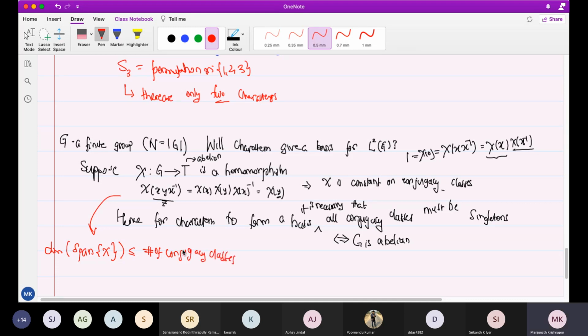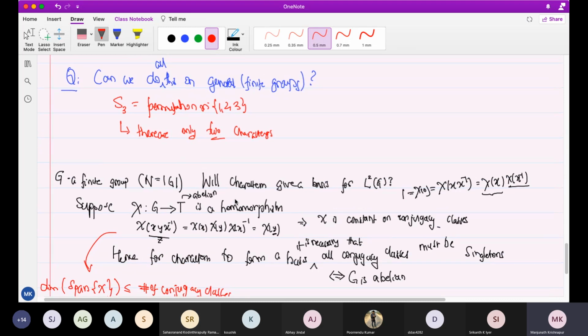Since they are constant on conjugacy classes, the dimension can't be more than the number of conjugacy classes. But even that number is not achievable.